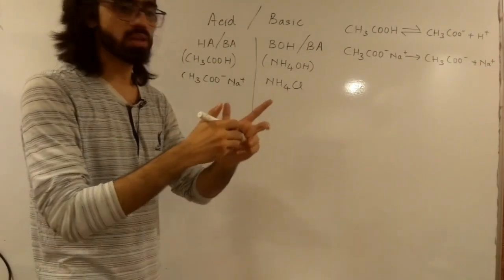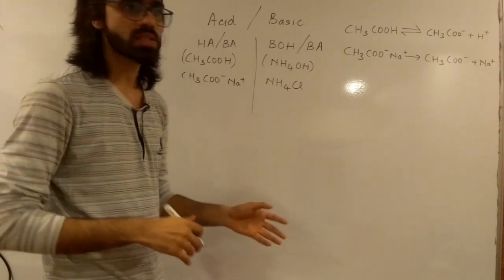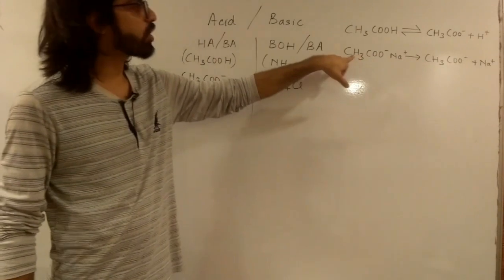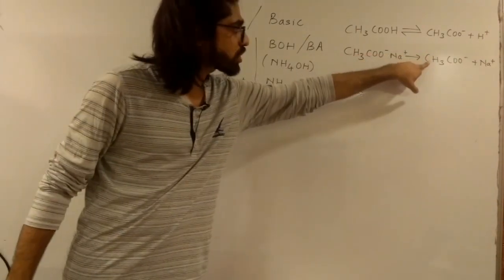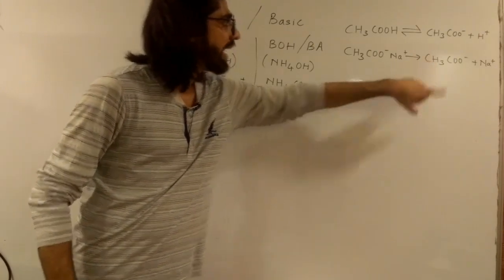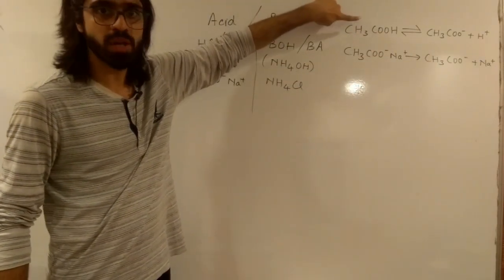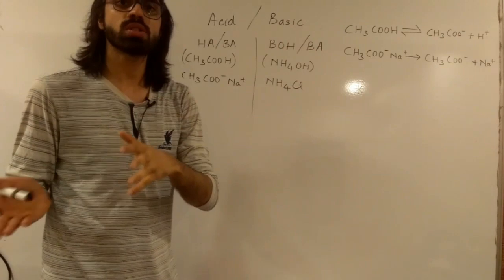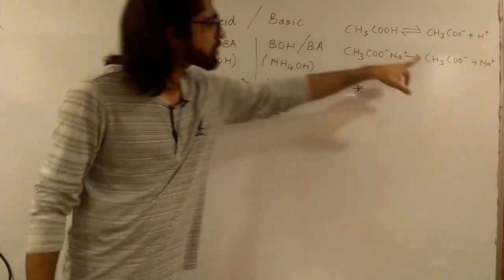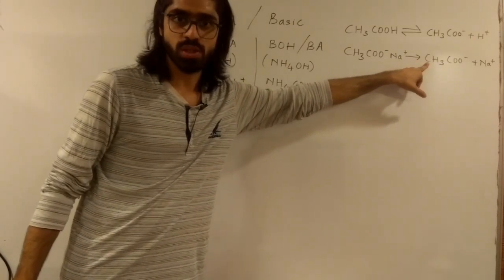Even in this, with the same explanations, we can say that whatever CH3COO minus is present is because of the salt only. So the concentration of this at equilibrium is approximately the salt concentration only, and the concentration of acid at equilibrium is the initial concentration of acid that you had taken in the solution. So this will be the acid concentration, this will be the salt concentration.